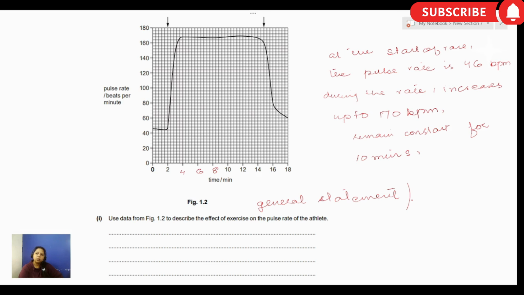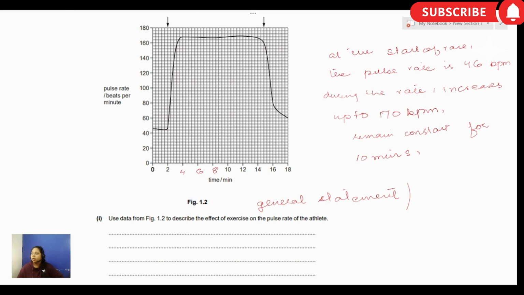We say that the pulse rate would increase, then remain constant, and after the race ends, it decreases. So this is a general trend. Then you have to give the reading or the value of each part. So this part is missing in your explanation.